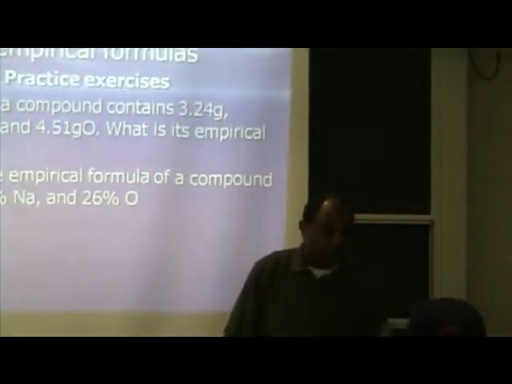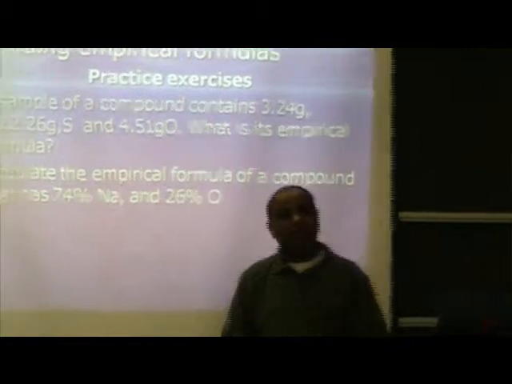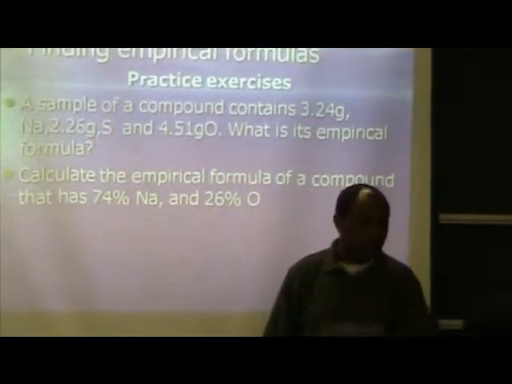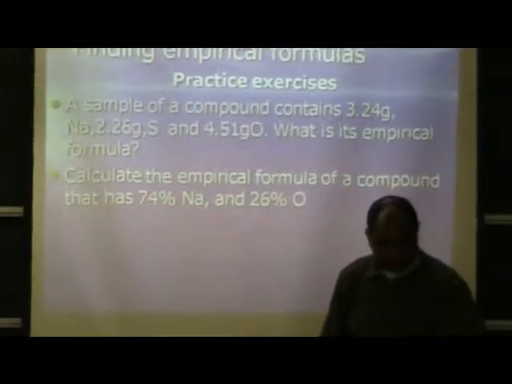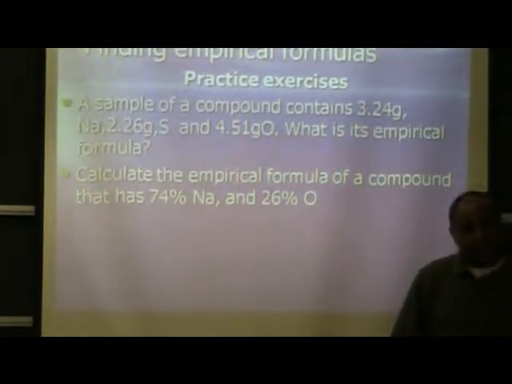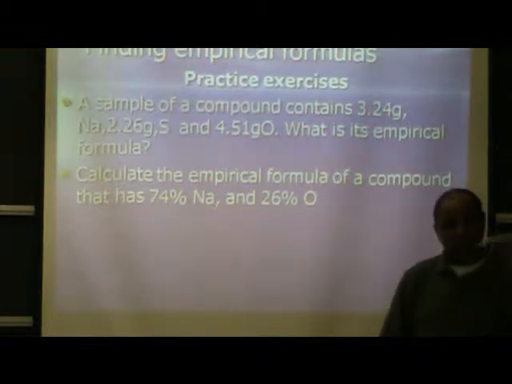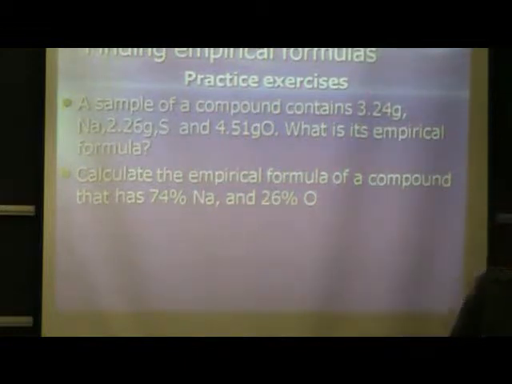Nitrogen and oxygen can form nitrogen monoxide, nitrogen dioxide, nitrogen trioxide, dinitrogen monoxide. In ionic compounds, the transfer is directly from metal to non-metal, and the implication is that there is only one compound formed there. Okay?